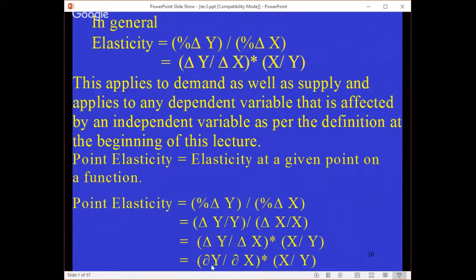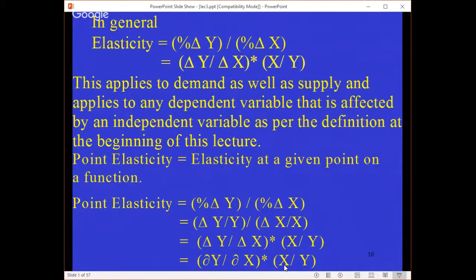And then I take those big changes and I make them partials: partial of y with respect to x times x over y. Now, when we work with elasticity in this class, we're always going to work mathematically with point elasticity, just because it's simple.